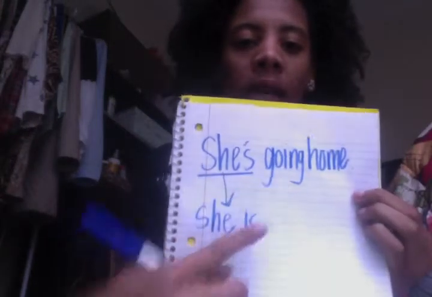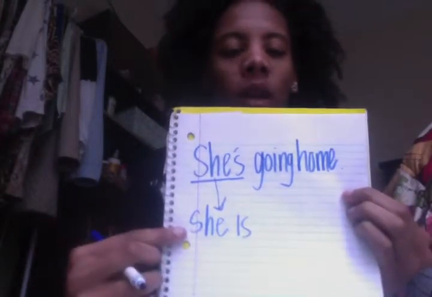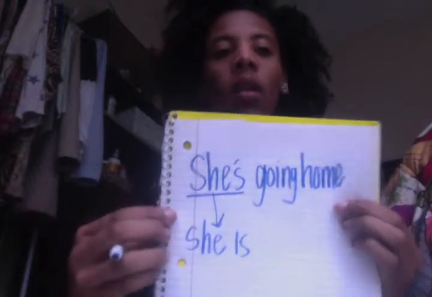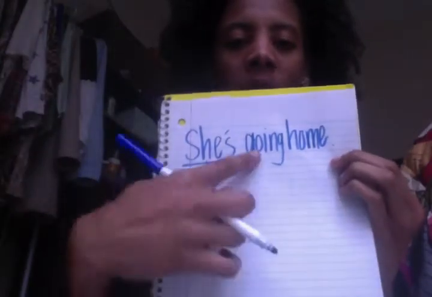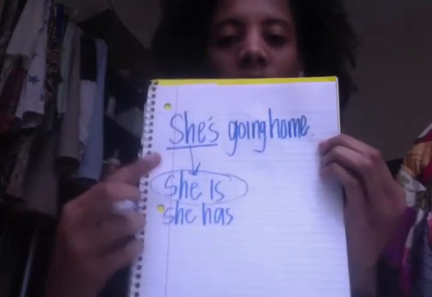She is going home. That makes sense. Now try with she has. She has going home. And now you have to think to yourself, which one makes more sense? Definitely she is going home.